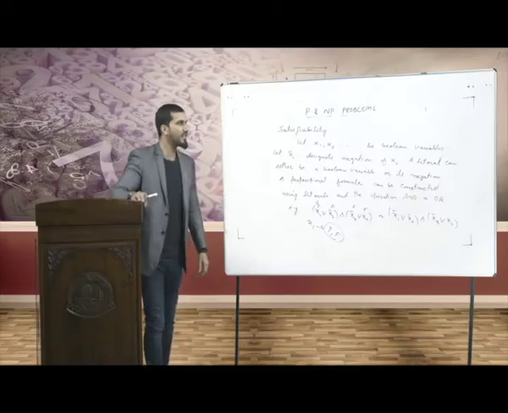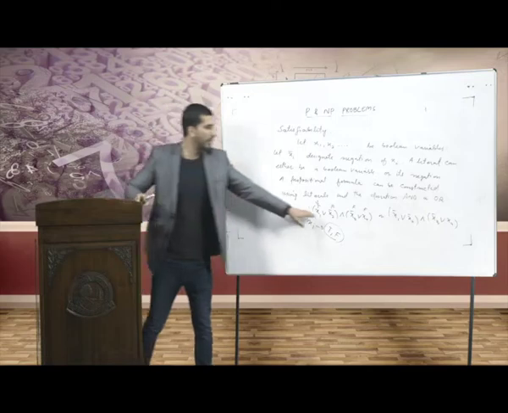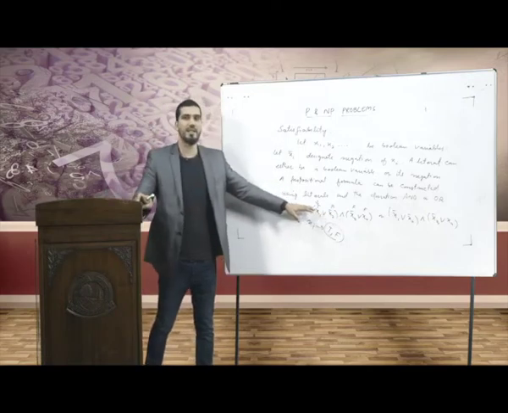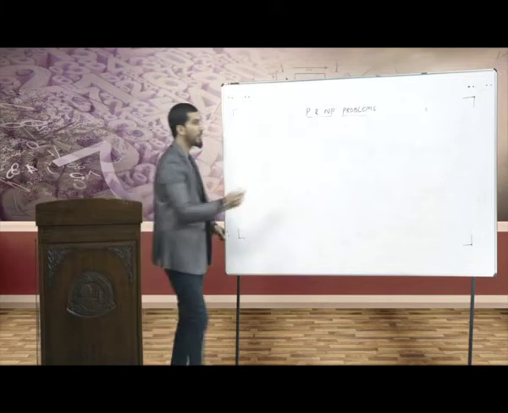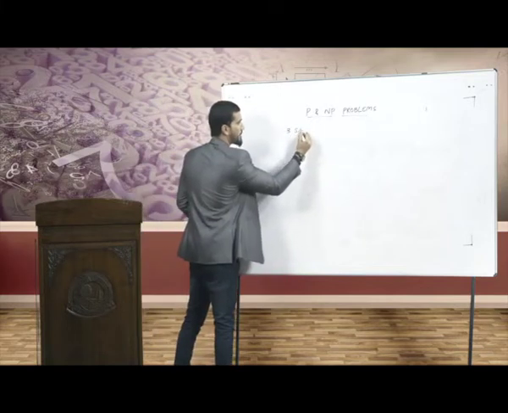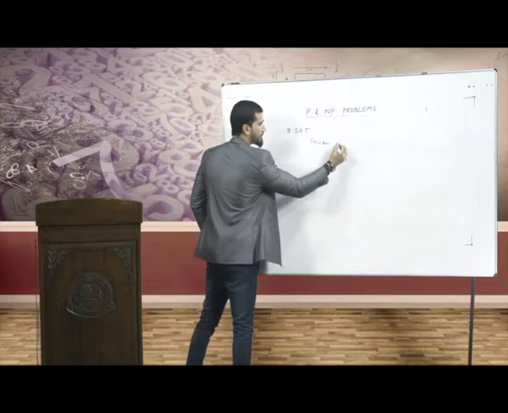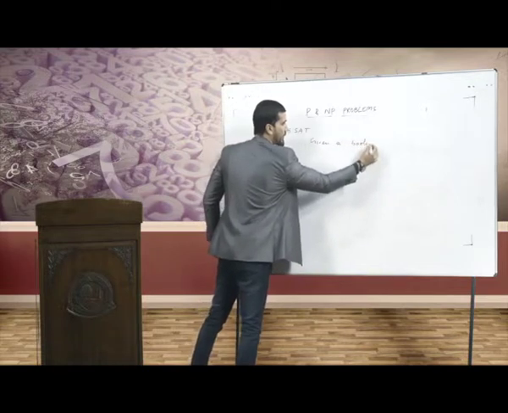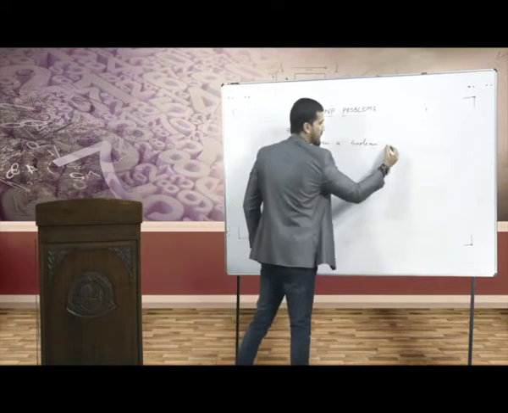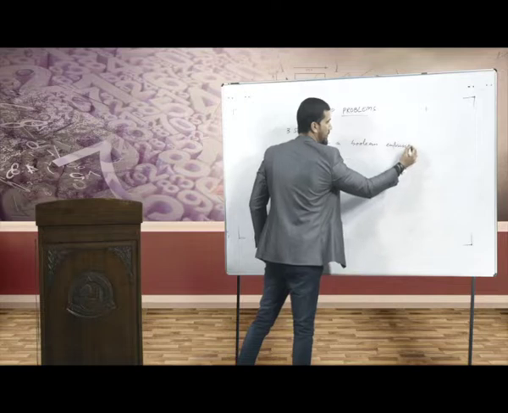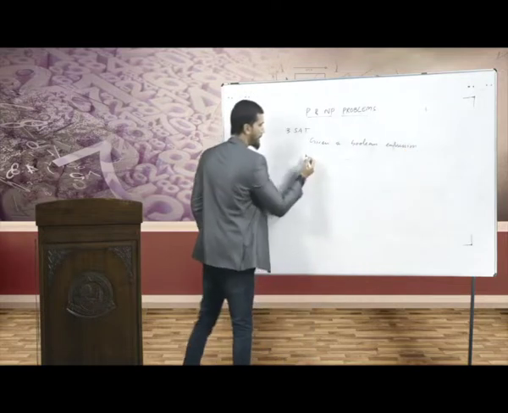But the 3 satisfiability problem involves 3 literals. In each clause there are exactly 3 literals. Now 3 satisfiability or 3 sat says given a Boolean expression of the form.